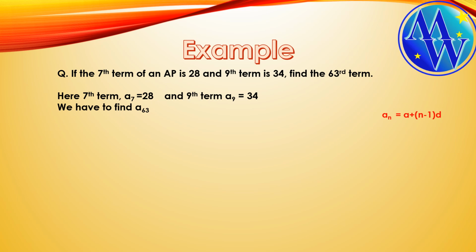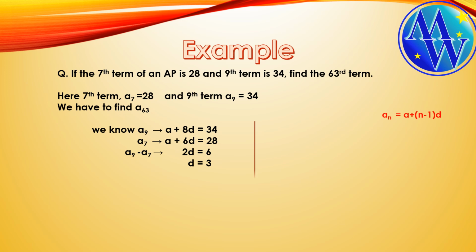So first we need to find a and d. We know a9 is a plus 8d, which is 34, and a7 is a plus 6d, which is 28. So a9 minus a7: a and a are cancelled, so 8d minus 6d equals 2d, which equals 6. So d equals 3.